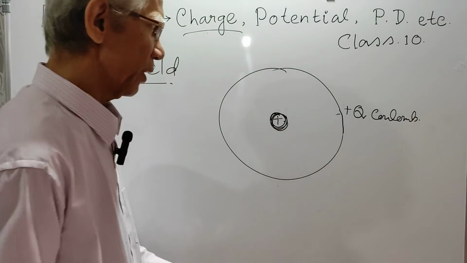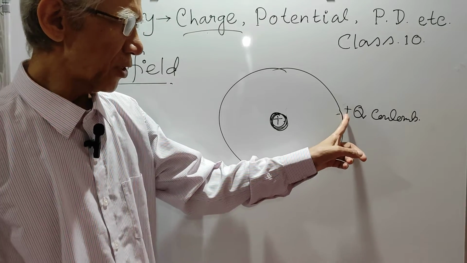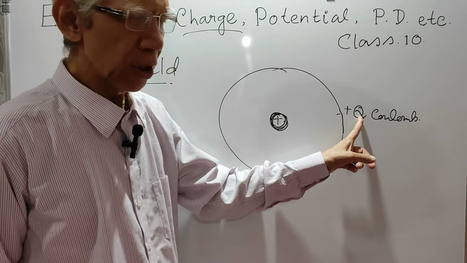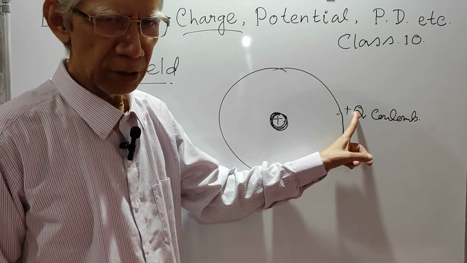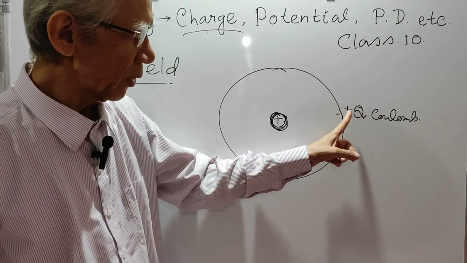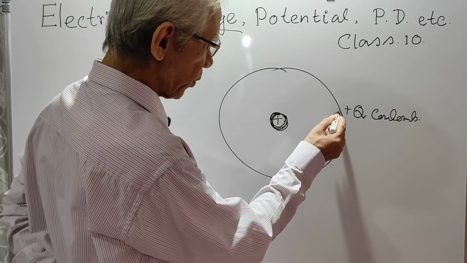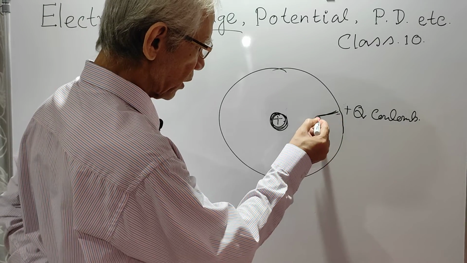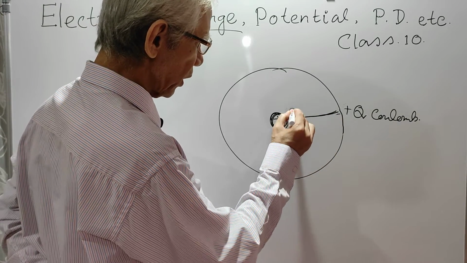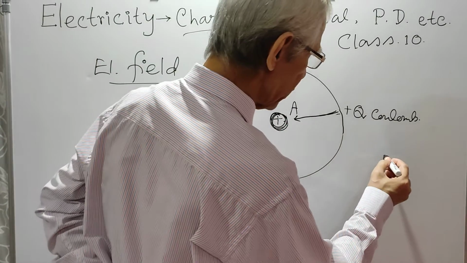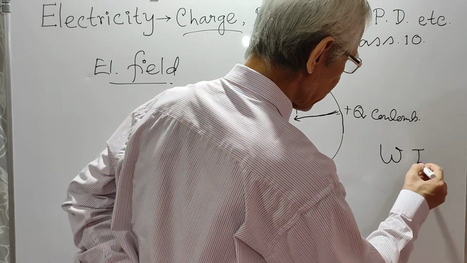So this time let us say there is a charge here, the amount is q coulomb of positive charge, not unit, not 1 coulomb, but q coulomb. All right. Now to bring it to this point, suppose A, the amount of work done is W joules.